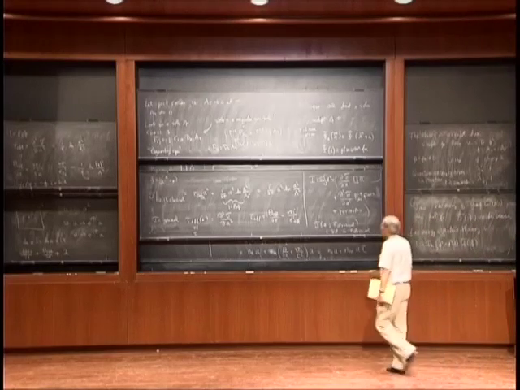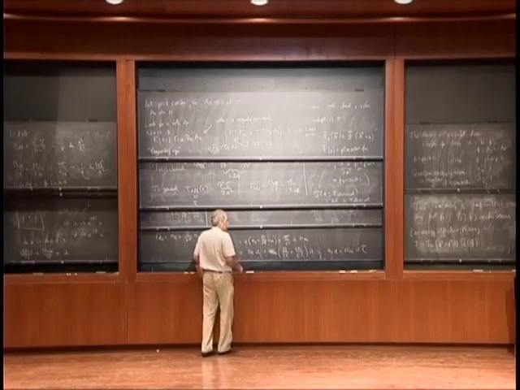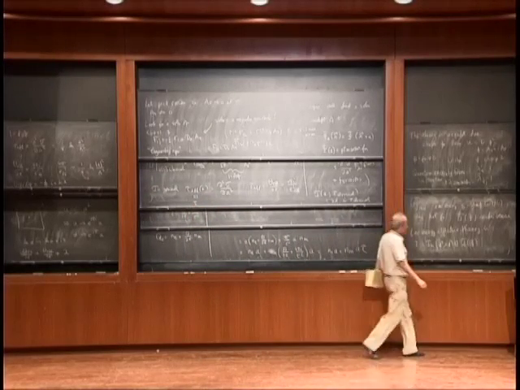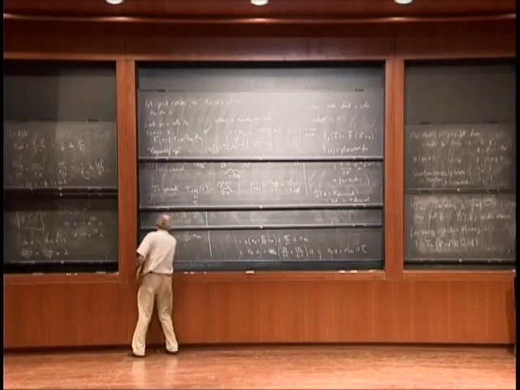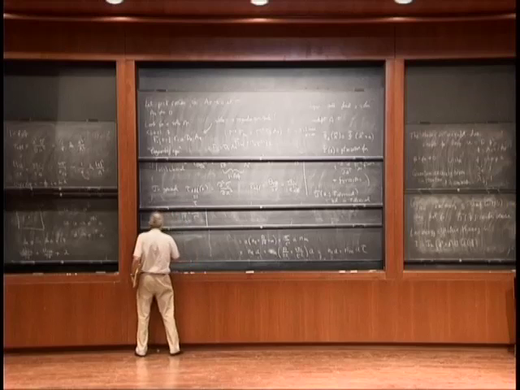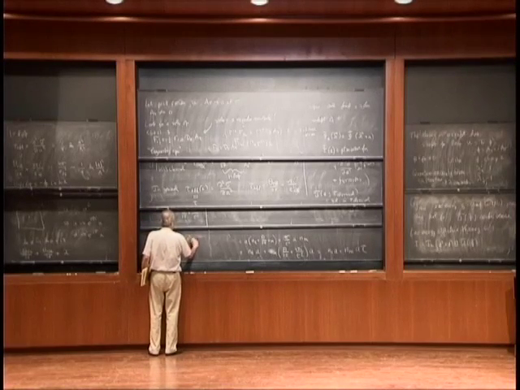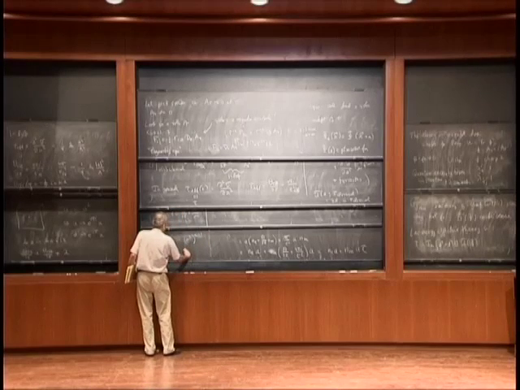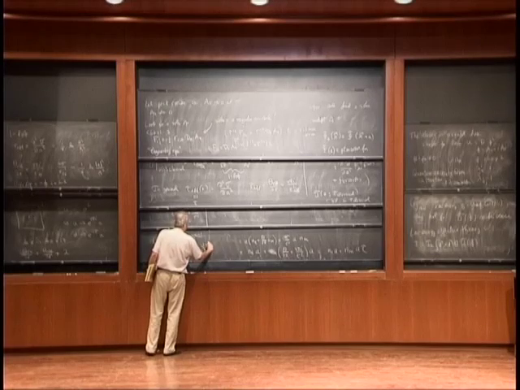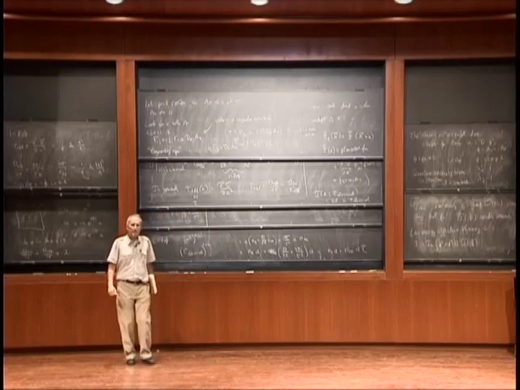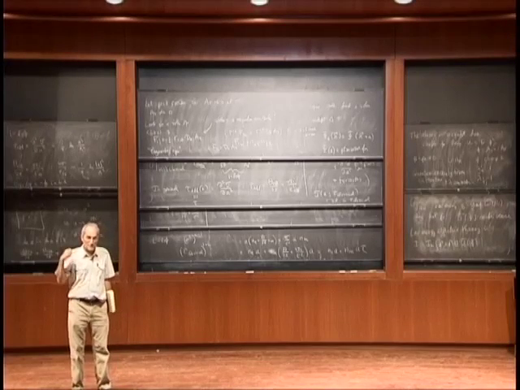Now, an L-loop contribution is proportional to tau classical to the 1 minus L. See, in general, in quantum field theory, an L-loop contribution goes like the coupling squared to the L minus 1, which in our language would be tau classical to the 1 minus L. Now, L equals 0 was okay because the classical action contained theta.